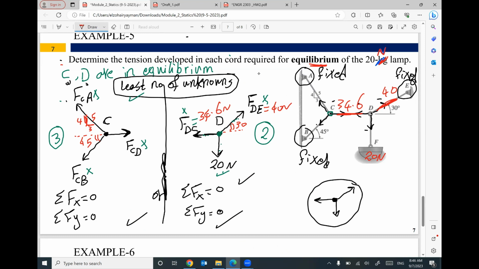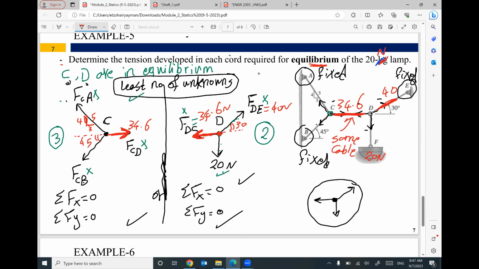Guys, keep in mind that the force FDC will be the same as FCD. 34.6. Why? Because both of them are in the same cable. So same cable means same force. If you found the force in this cable from joint D equal to 34.6, it must be 34.6 on the other joint.